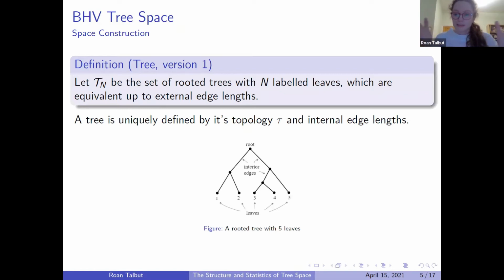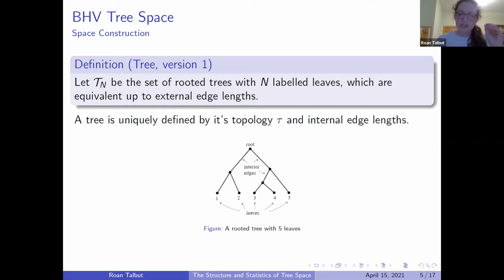Which means we get our first definition of the trees that we're considering. We're considering rooted trees with capital N labeled leaves, and they are equivalent up to external edge lengths. The first thing to note is that trees are uniquely defined by their topology and the internal edge lengths, the topology being the splitting pattern of the vertices.